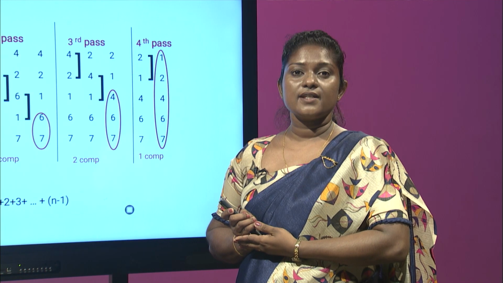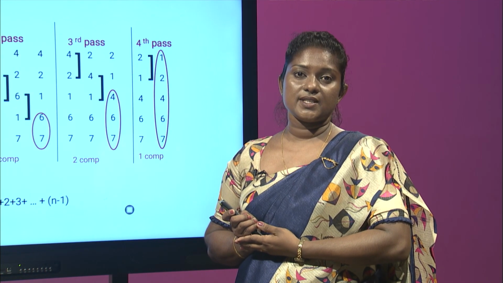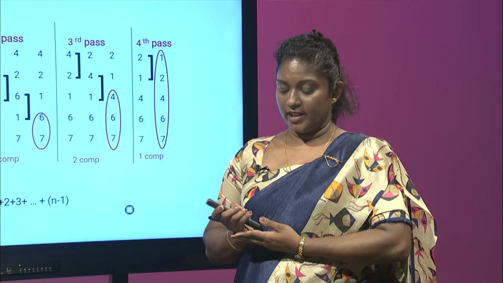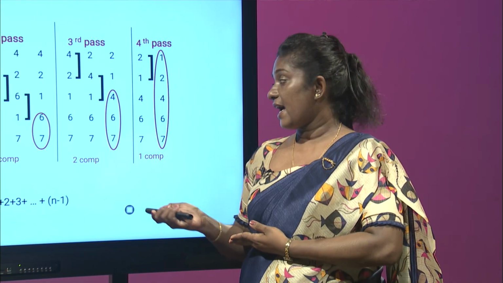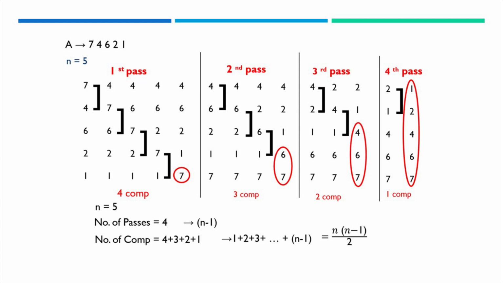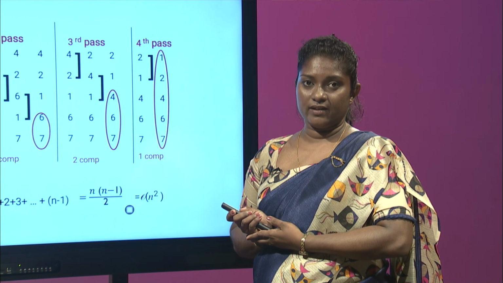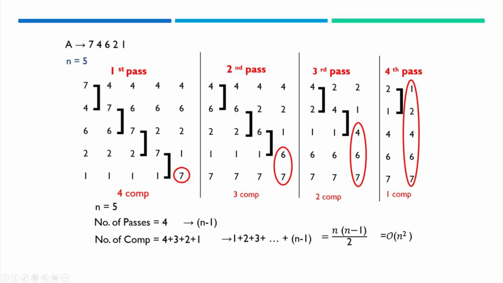This is the sum of natural numbers up to n minus 1. Therefore, we can write it as n into n minus 1 divided by 2. That is order of n squared. So, the total number of comparisons we have to perform is order of n squared.